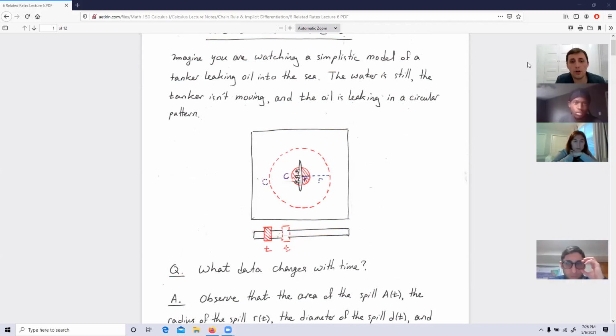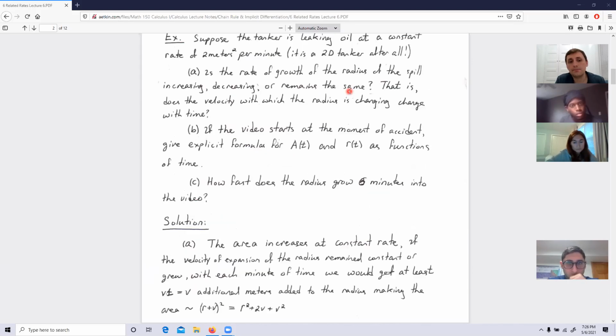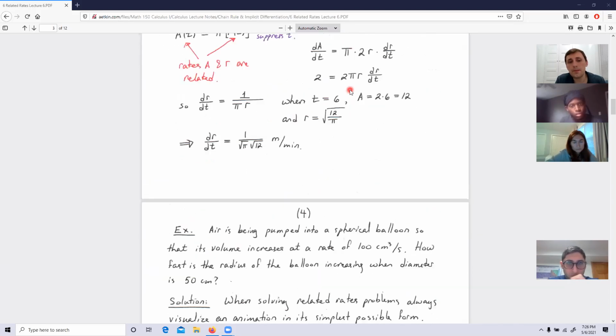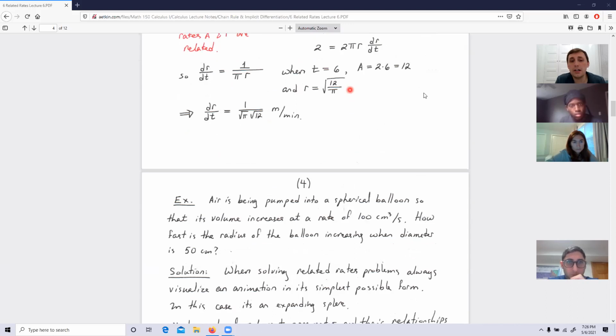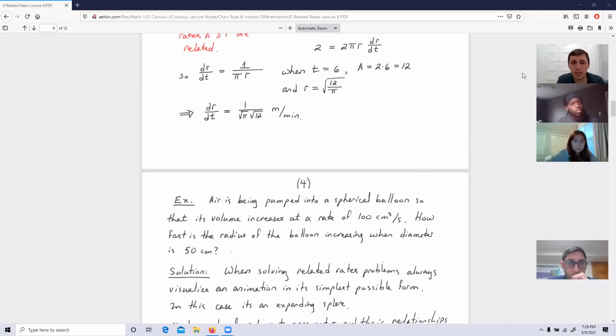Now, tell me, please, guys, with the next problem. We have that air is being pumped into a spherical balloon. So we have a sphere that's growing, right? And the air is being pumped so that its volume is increasing at a rate of 100 cubic centimeters per second.